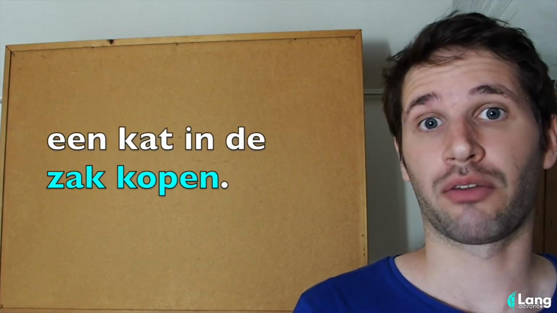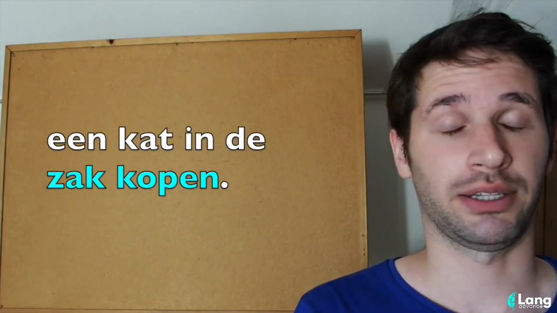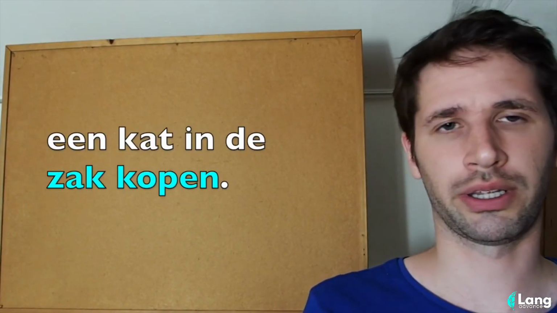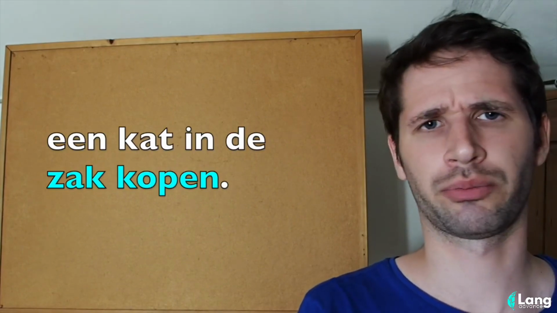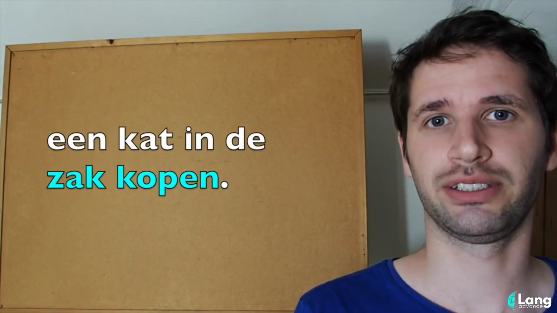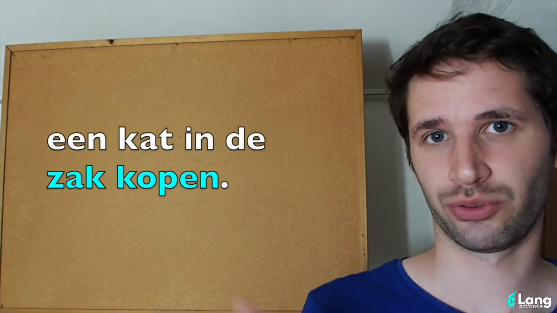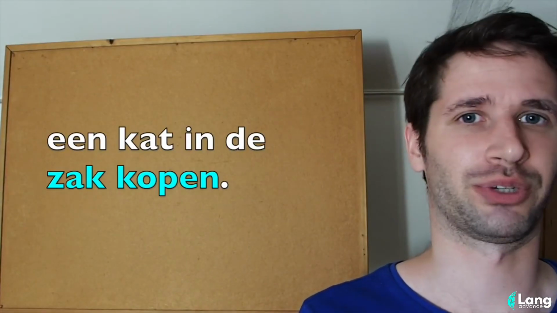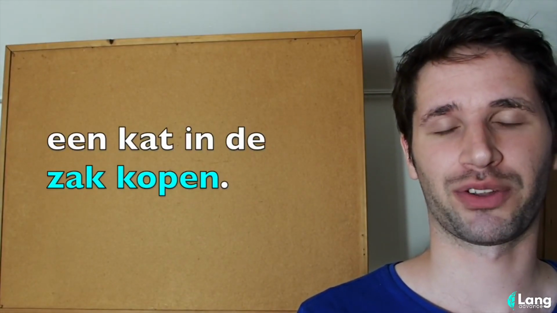So, for example, if you go to the bookshop in your neighborhood and you quickly buy some Dutch books because you're in a hurry, and you go home, and then you realize at home, well, actually these are German books, and then you can use this expression, een kat in de zak kopen. It's because you didn't really check which language it was.